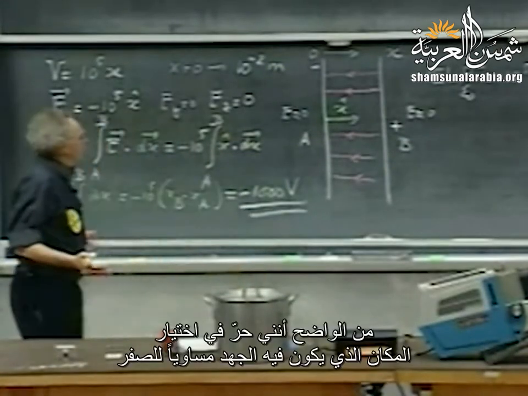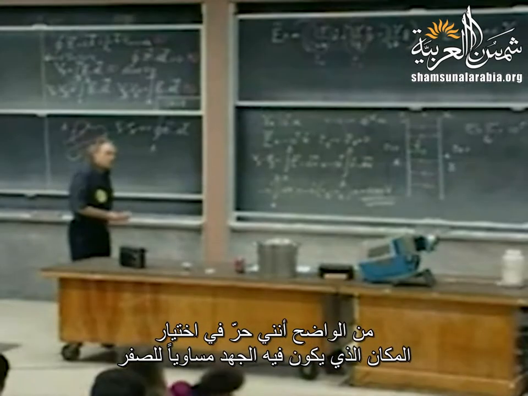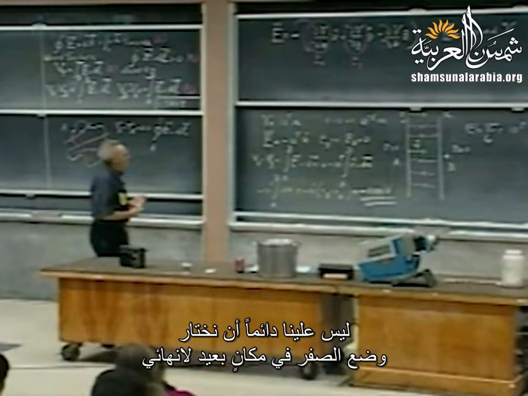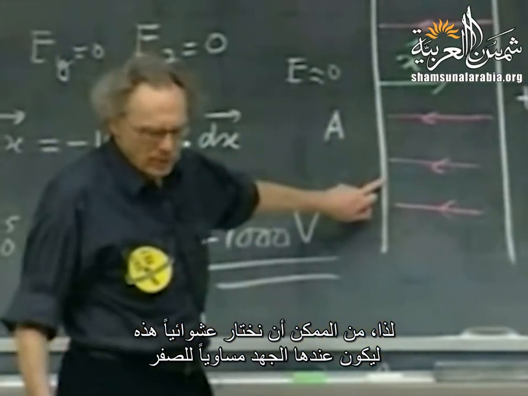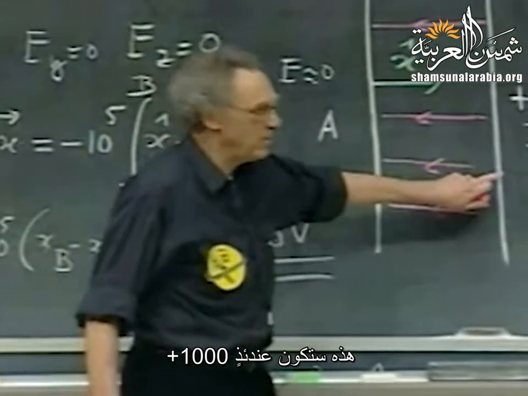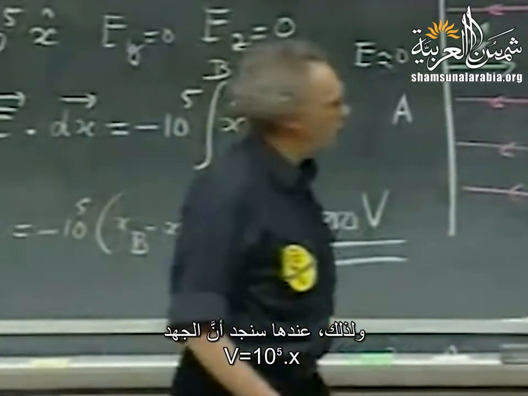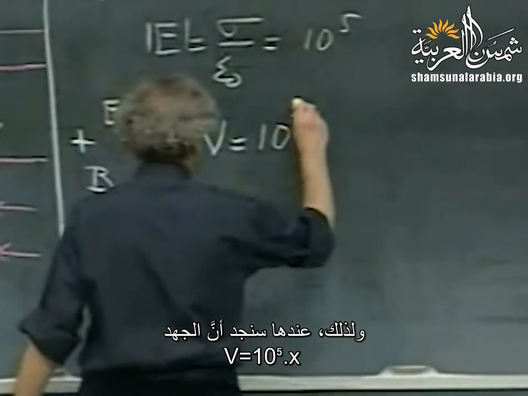Now, clearly, I'm always free to choose where I choose my zero potential. We discussed that last time. You don't always have to choose infinitely far zero. So I could choose this arbitrarily to be zero potential. This would then be plus 1,000. And so you then find that the potential V is simply 10 to the 5th times x.